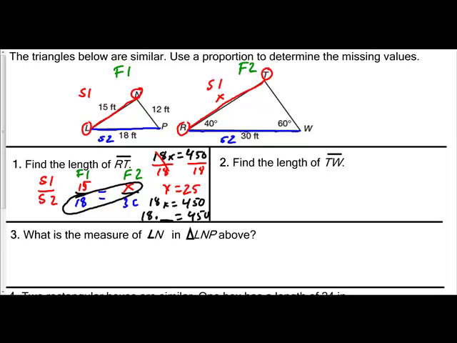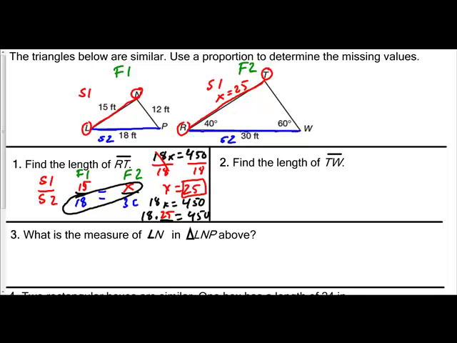We need to check our work. We're saying that x, that's this blank, equals 25. So 18 times 25 does equal 450. So we are correct that x equals 25. So our proportion here, this here, is equal to 25.